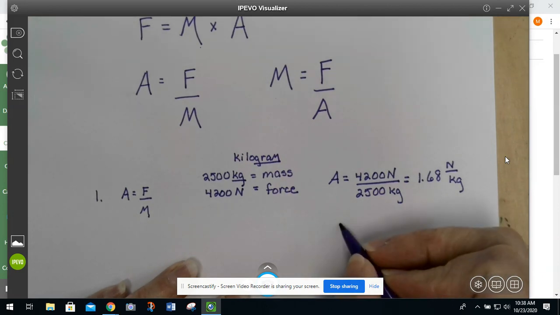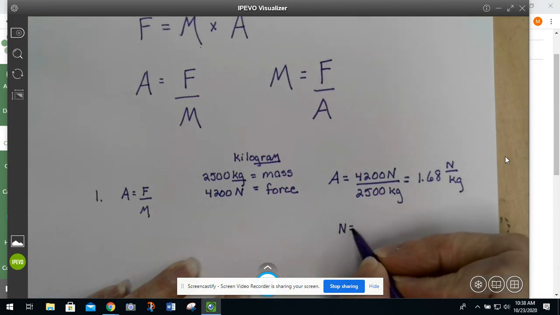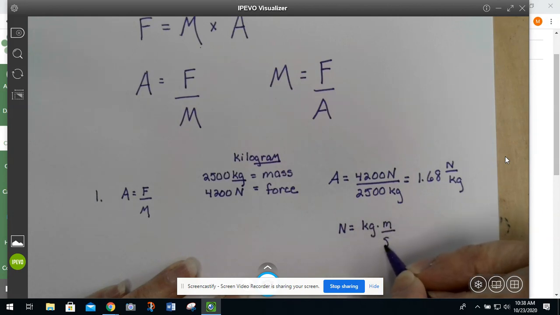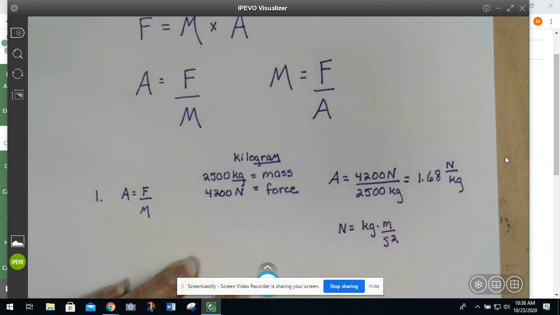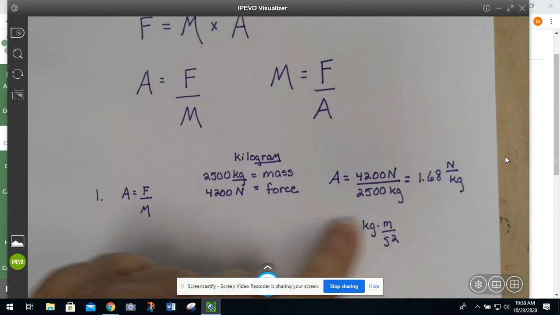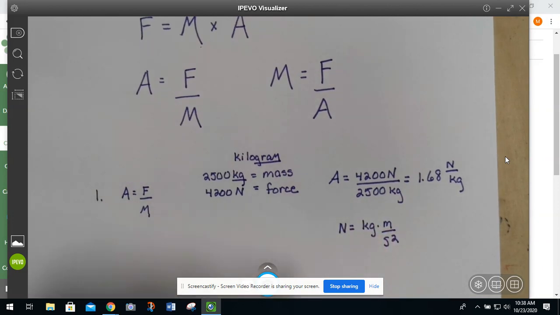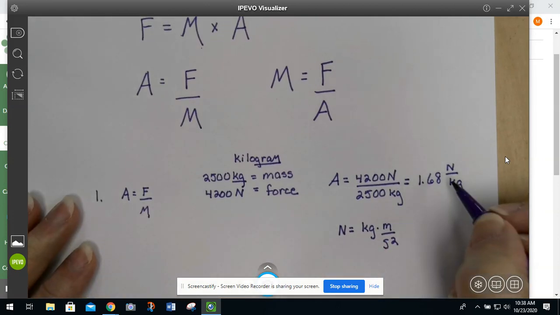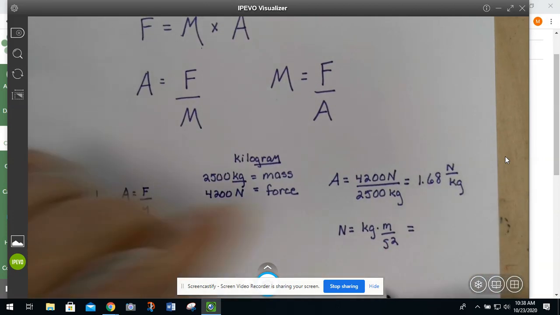So there's a little trick here, and that is that 1 newton equals, I know this looks messy, a kilogram meter per second squared. Isn't that weird? Mathematically, you just have to accept it. Just trust me on it. 1 newton equals a kilogram meter per second squared. So watch what happens.